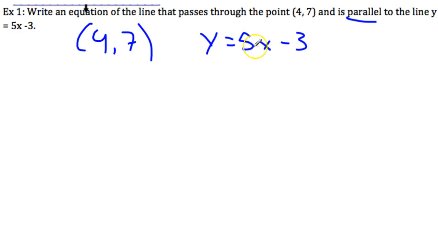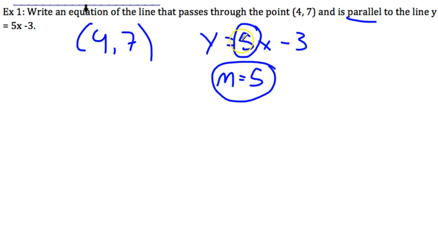If you remember, that means it's the same exact slope as this line, right? So this slope is 5, so I know my other equation should have a slope of 5. Bam, first part. So I need a line with the slope of 5 that goes through this point over here. This is x, and that's y.